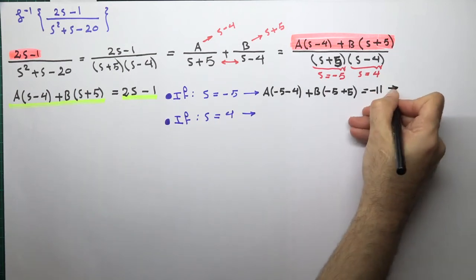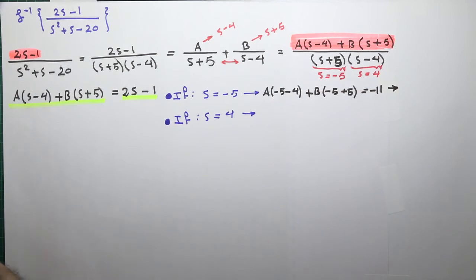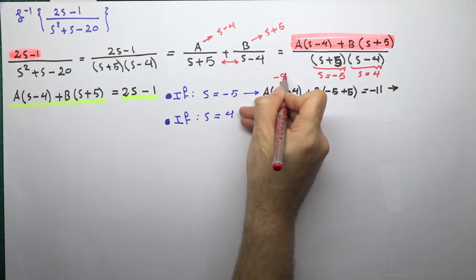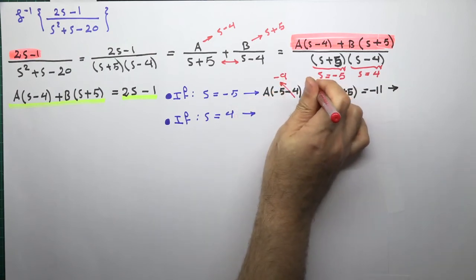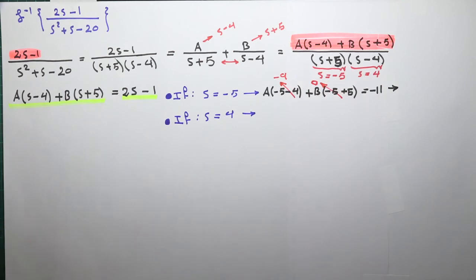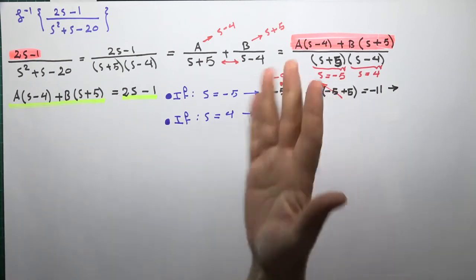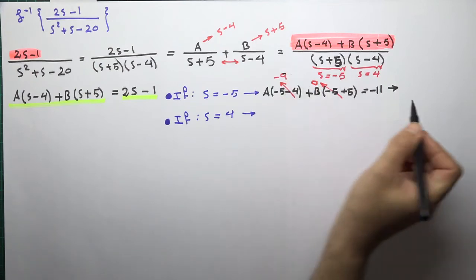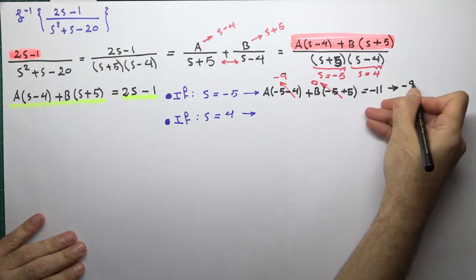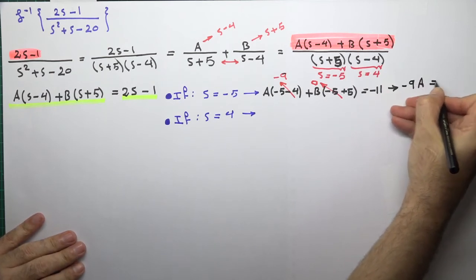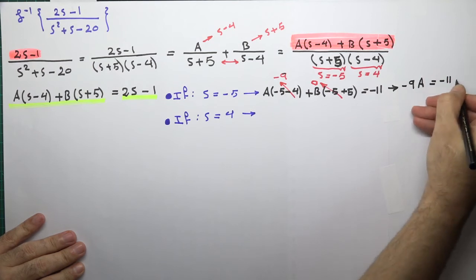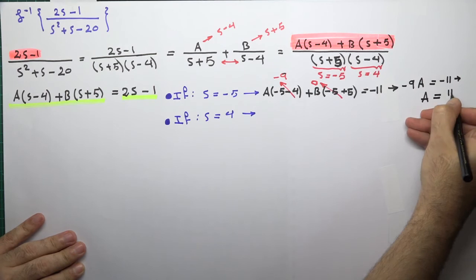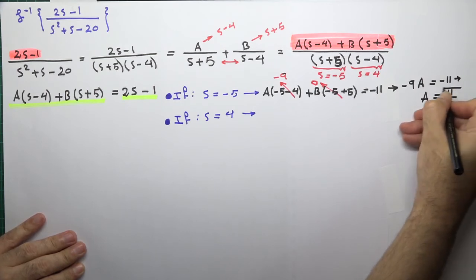This is the result. And here we can simplify. So this one equals minus 9, where this one equals 0. وهذا هو الهدف إنه B تختفي ونتمكن من إيجاد A. So this is minus 9. So it will be minus 9A equals minus 11, which means إنه A equals 11 over 9 if you divide both sides by 9.